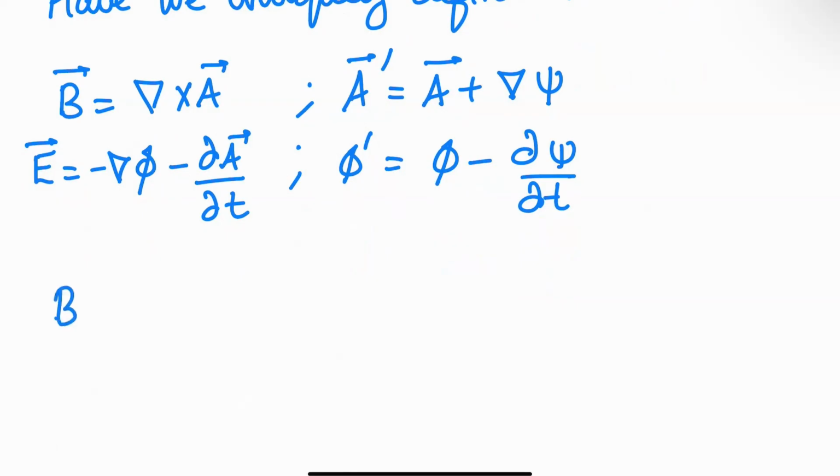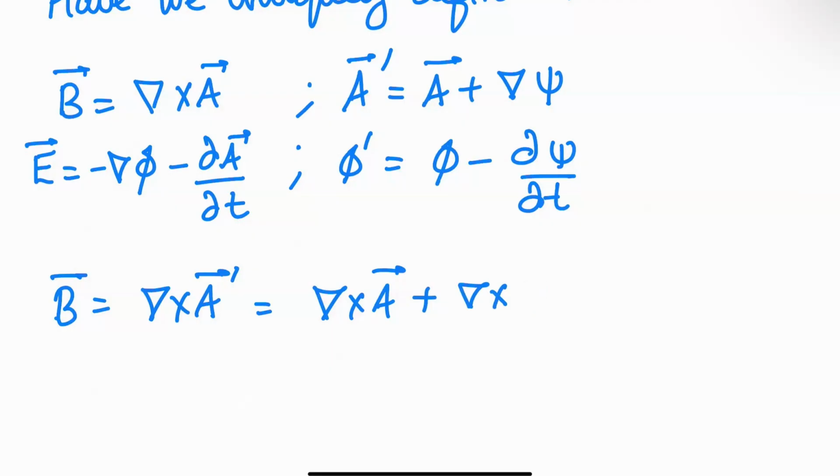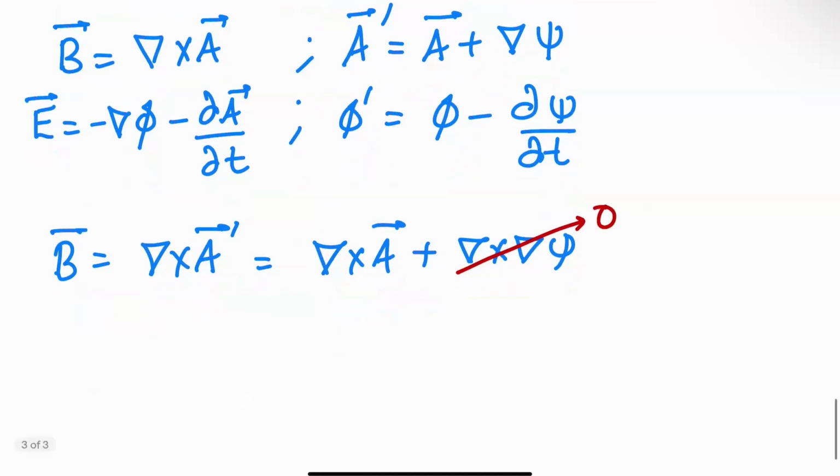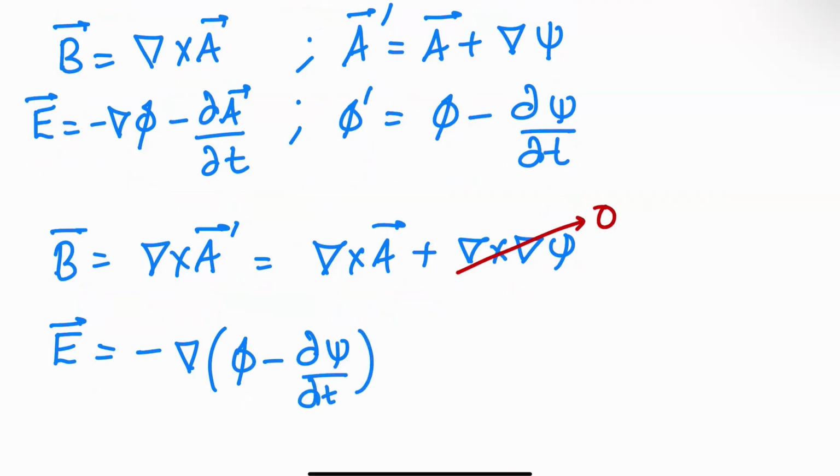So if I write B as curl of A prime, that's nothing but curl of A plus curl of gradient psi, and we know this is 0, since curl of gradient is 0, okay? And then we have E, that is minus of the gradient of phi prime, which is phi minus d psi over dt, minus d dt A prime, which is A plus gradient of psi.